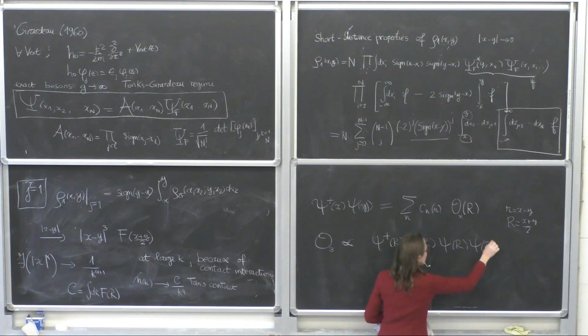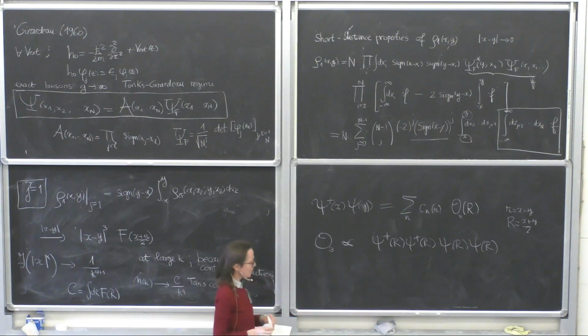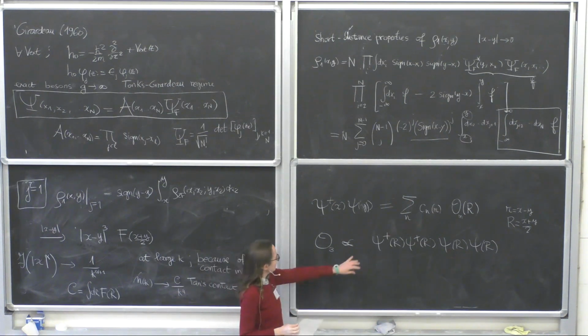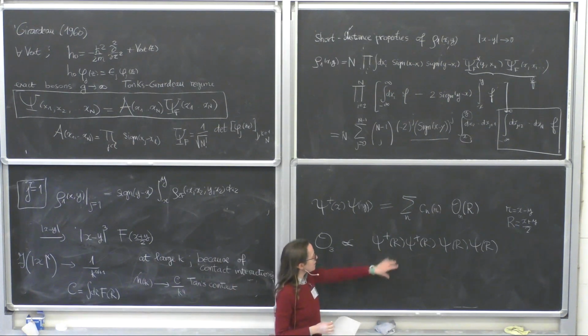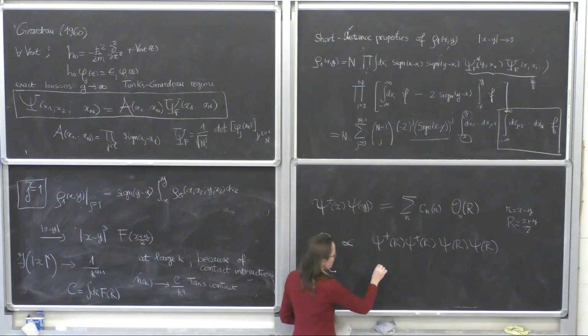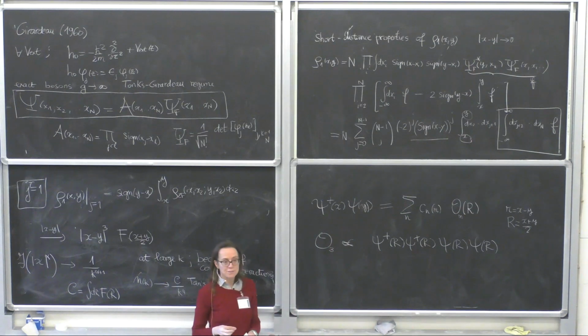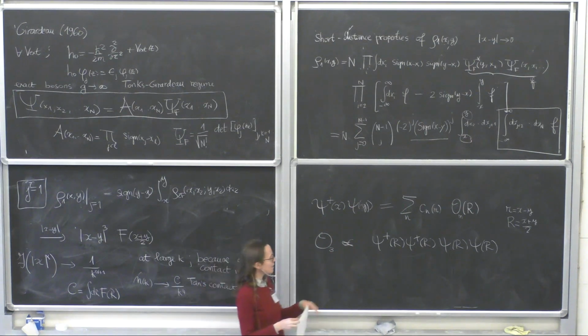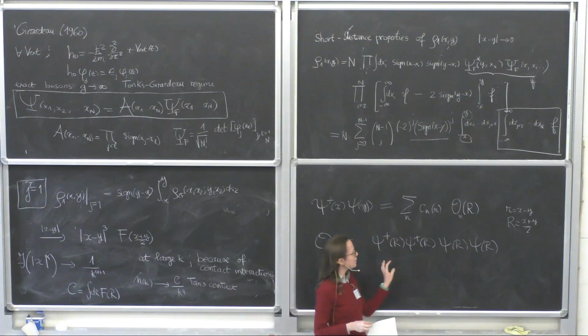I finish. Yes? Question? Not question? Okay. So you see that this quantity is, up to a factor, related to the interaction part of the Hamiltonian, exactly at contact, at zero distance.